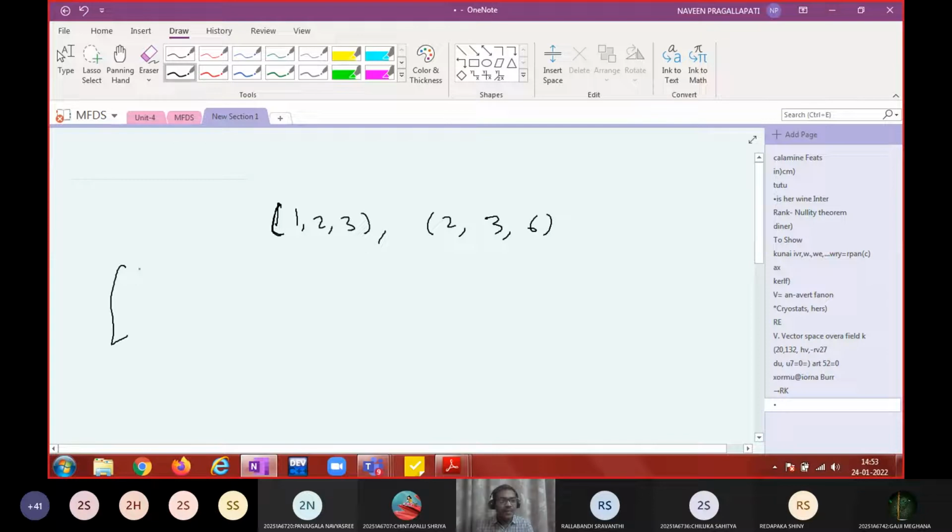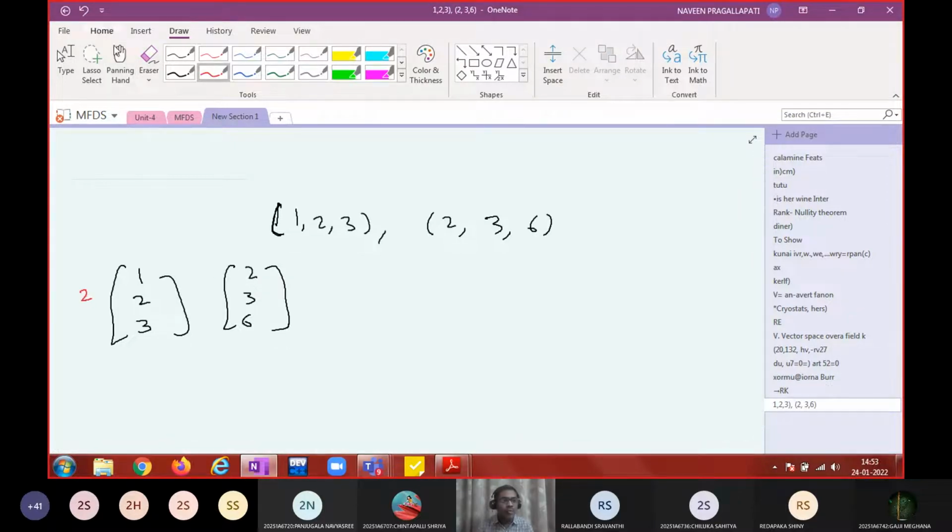Do you agree? 1 2 3 and 2 3 6, because one vector is not a multiple of another vector. If I want to get 2, I should multiply by 2. 2 into 1 is 2, but 2 into 2 is 4. It is not 6. So you cannot express this vector as a constant multiple of this vector. So these two are linearly independent.